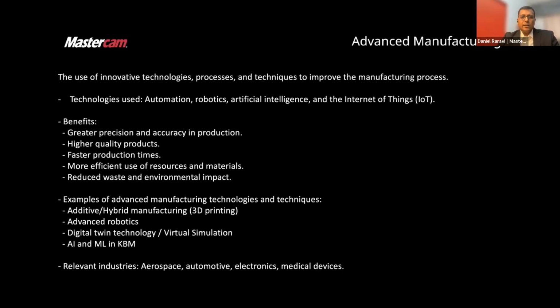The industries that benefit from these processes would be largely the aerospace, automotive, electronic, and medical devices industries. This list is not limited, but primarily these industries derive larger benefit currently.